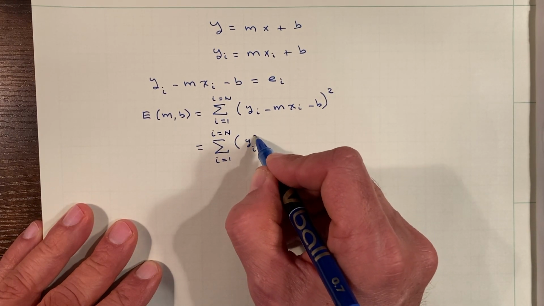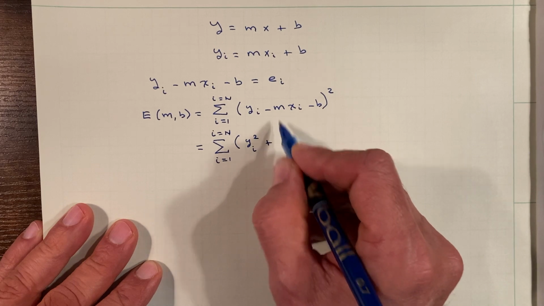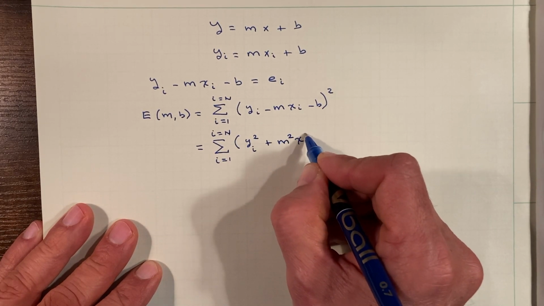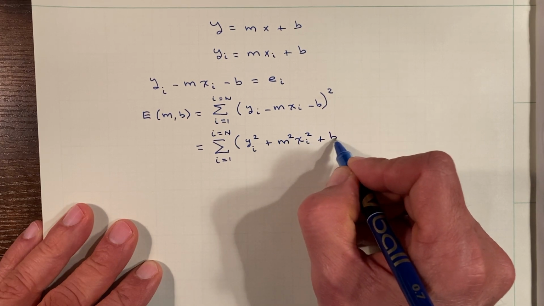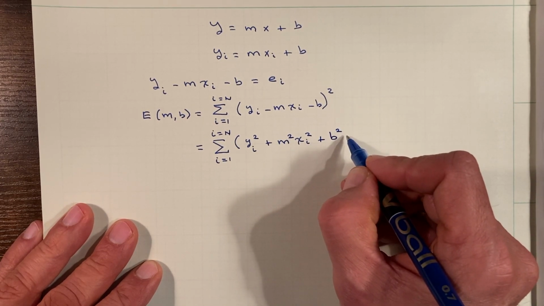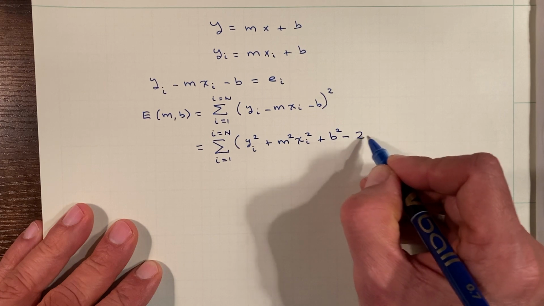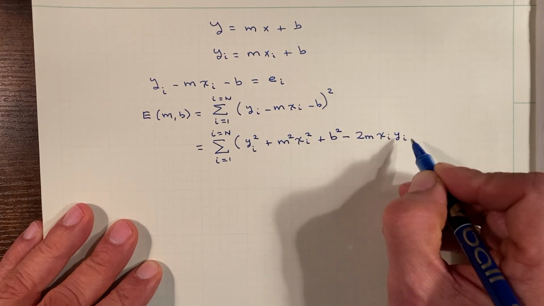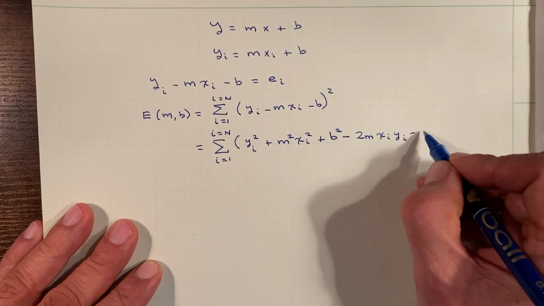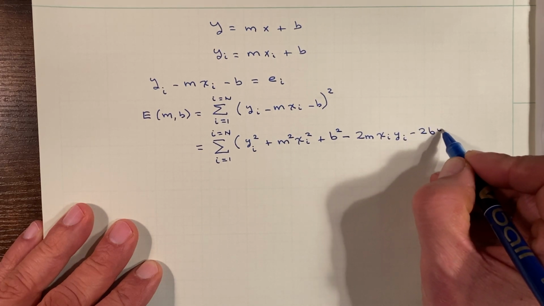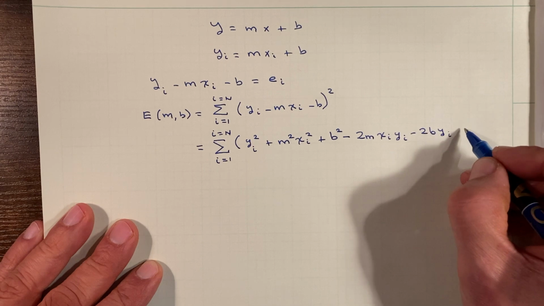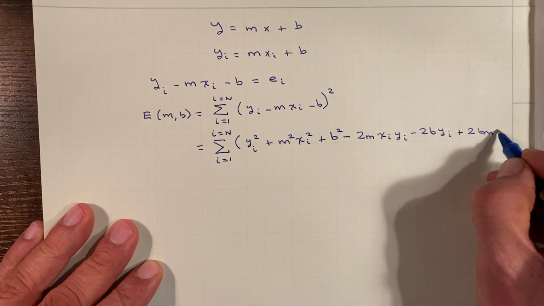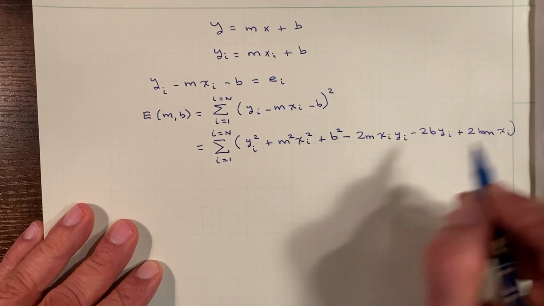So let's write it out. y sub i squared, plus, since we're squaring, m squared x sub i squared, plus b squared, and here come the cross terms: minus 2m x sub i y sub i, minus 2b y sub i, and last, plus 2b m x sub i.